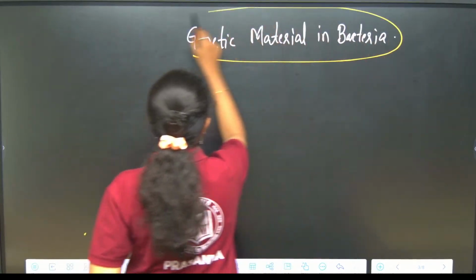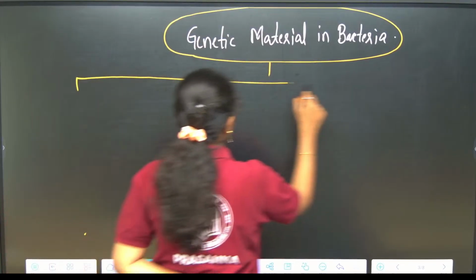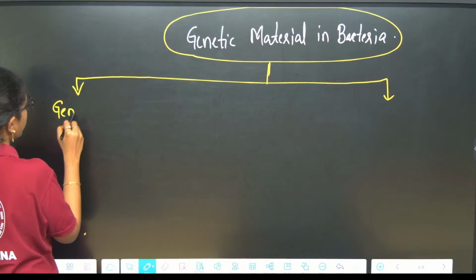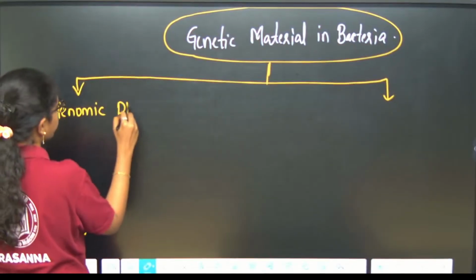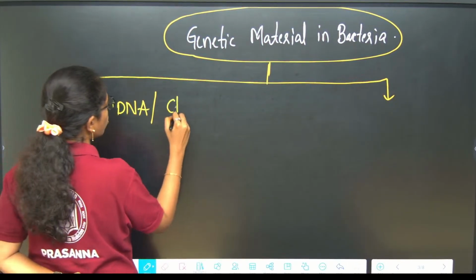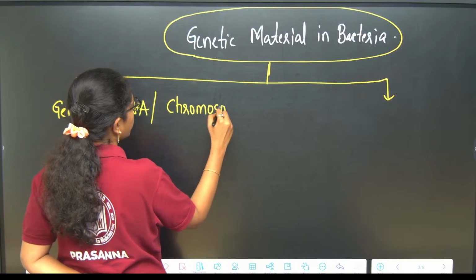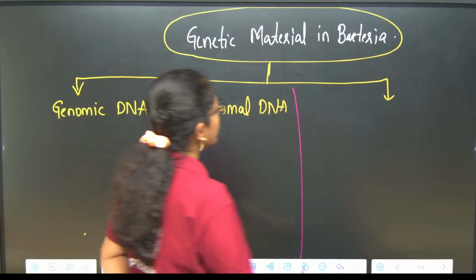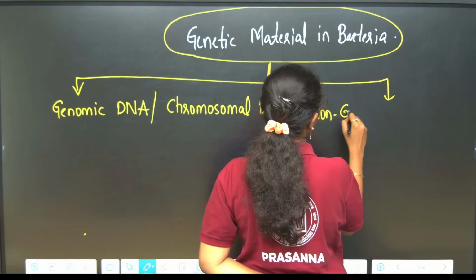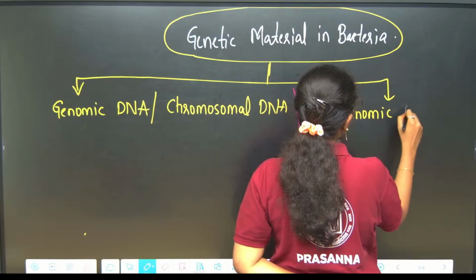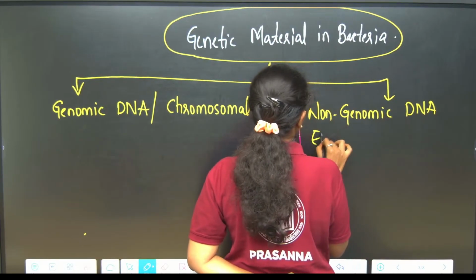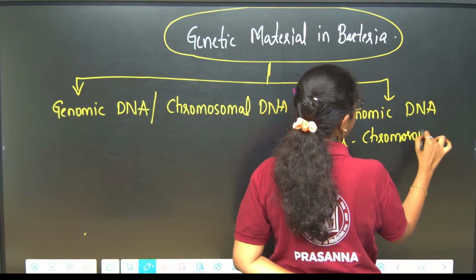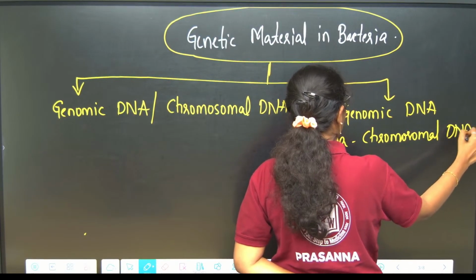One is genomic DNA or chromosomal DNA. Second is non-genomic DNA or extra chromosomal DNA or plasmid DNA.